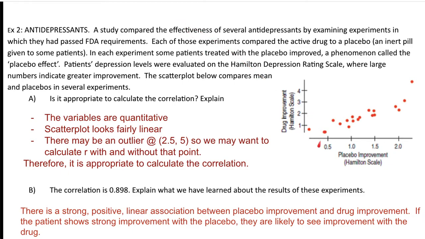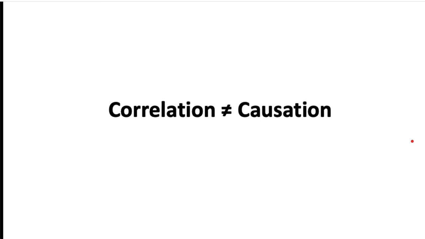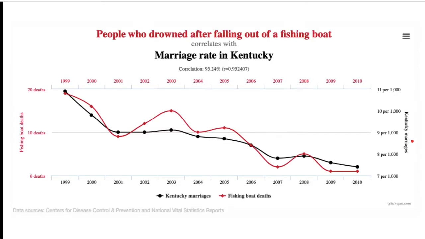So one thing you need to be careful with, though, is don't say that one is causing the other to be true, which is one of our golden rules of stats, that correlation does not mean causation. And let's examine this a little further. There's this fabulous website that you're going to explore, Spurious Correlations, at tylervigan.com.